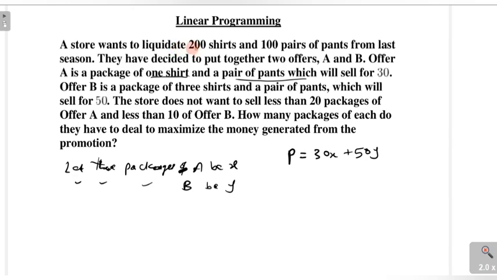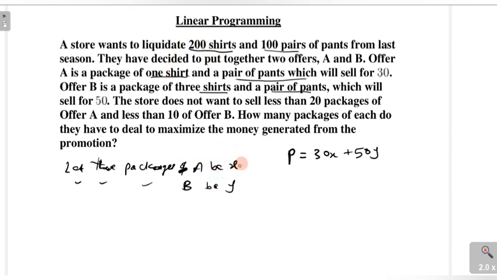So we want to liquidate 200 shirts and 100 pairs of pants. And B offers a package of three shirts and a pair of pants.